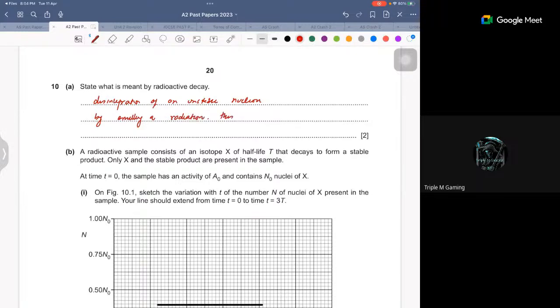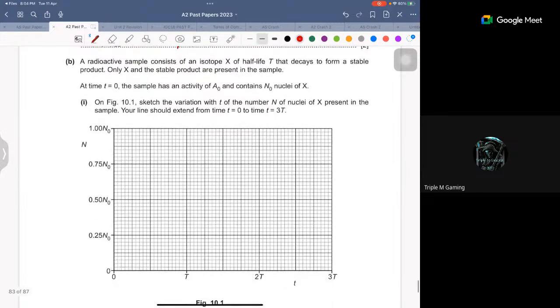This disintegration, or this decay, is random and spontaneous. So you write that. That would give you full marks, I think. And then you have this.